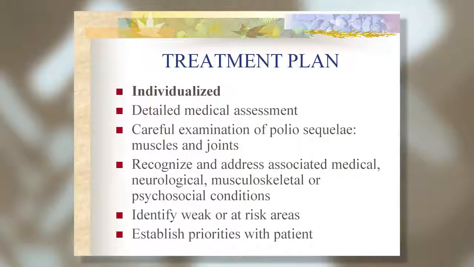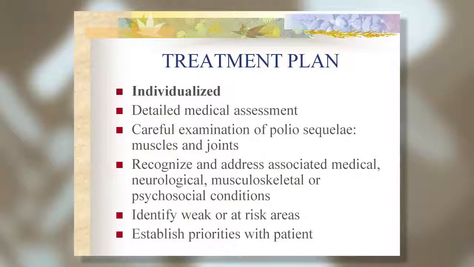The treatment plan has to be individualized to a patient. Polio survivors are all unique, all different, and there is no pattern that applies to everyone. So the way I start is a very detailed medical assessment.